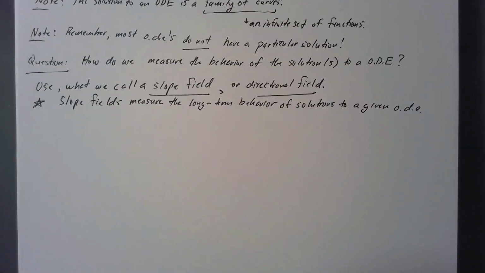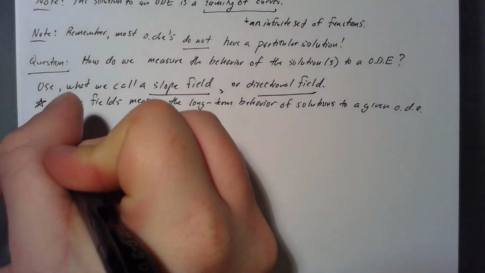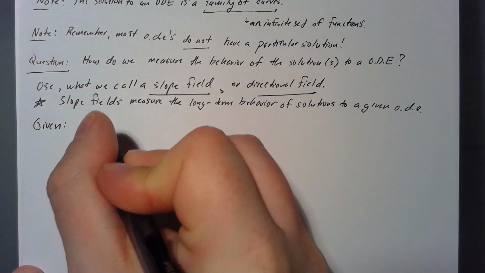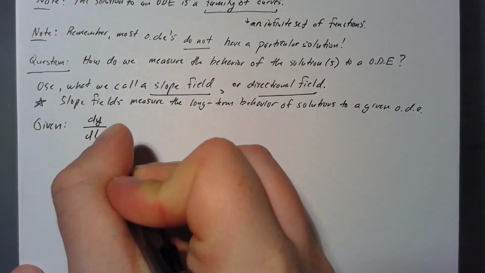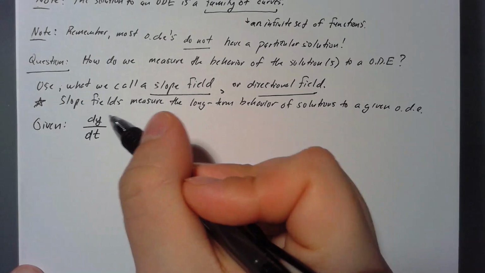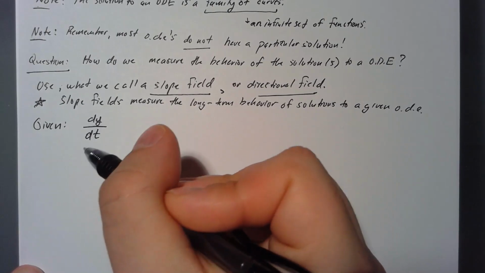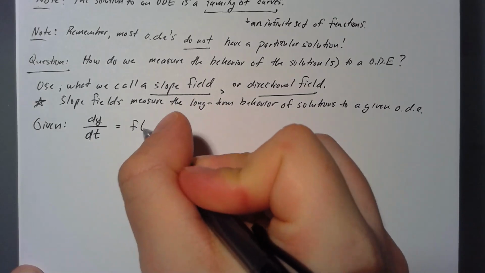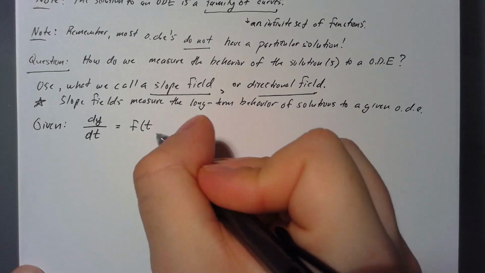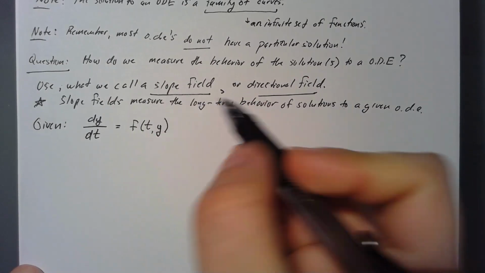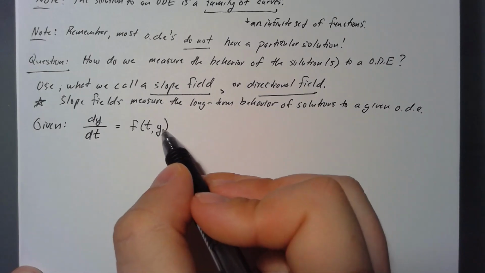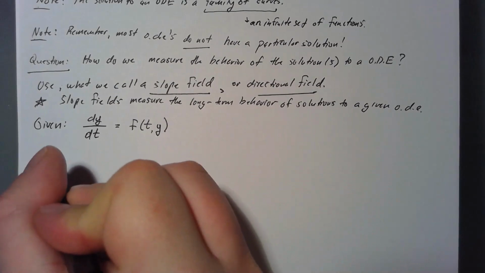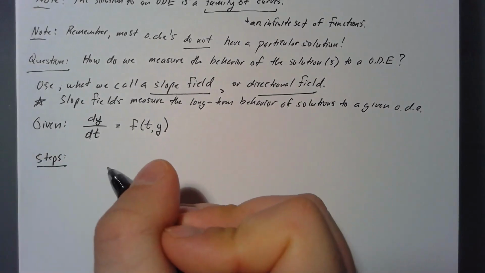So when you're making a slope field, if I'm given a differential equation, which we define as dy/dt, or d dependent versus d independent, equals a function of variables t and y. This is independent, this is dependent. Right? So the steps to do this are the following.